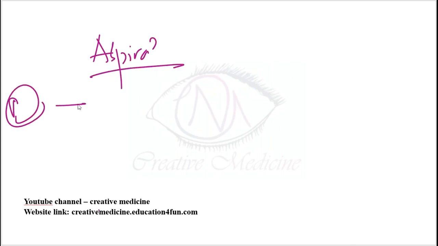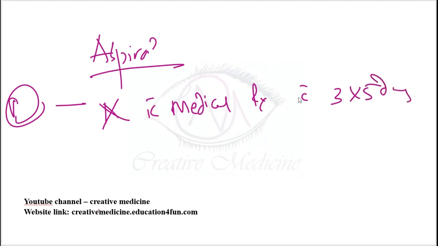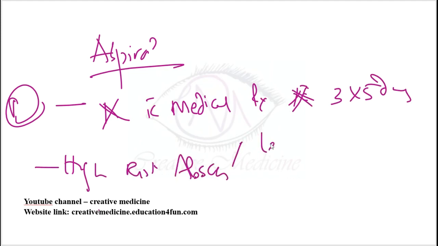Now, what are the indications for aspiration? If there is no improvement with medical treatment for 3 to 5 days, then you should do aspiration. Or in a high risk abscess. When do you call it a high risk abscess?